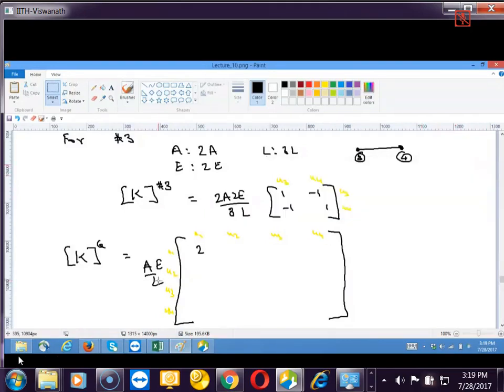So this is minus 2, because this is u1 u2, and u1 u2 would be minus 2, u2 u2 is plus 2. Done.